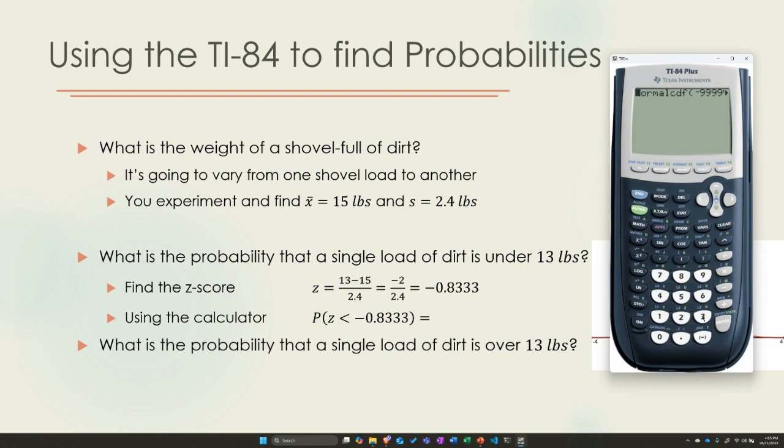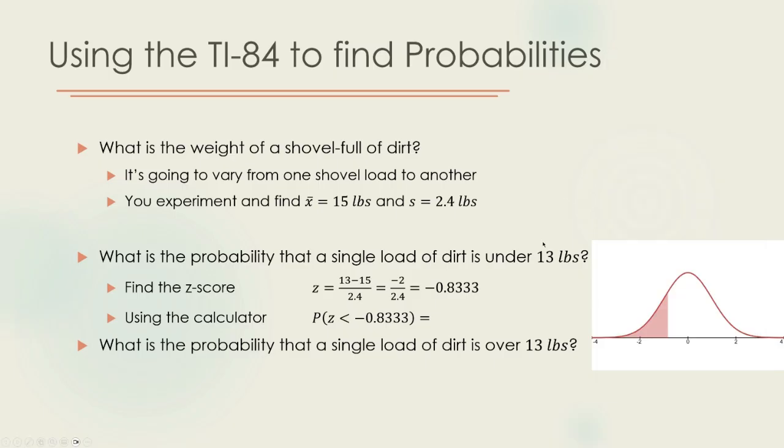If you went to the distribution menu and select normal CDF, then it will come up with normal CDF directly on the screen, and you just put in the numbers in this order: lower bound, upper bound, mean, standard deviation. Press enter, and you get your answer of 0.2023, which is exactly what that probability is.